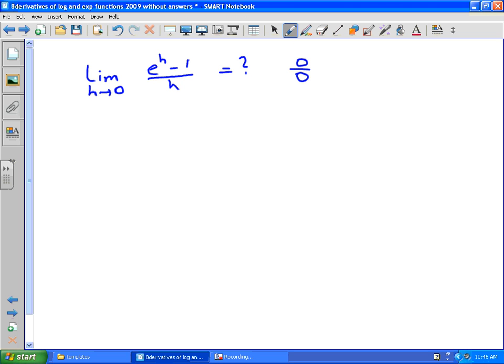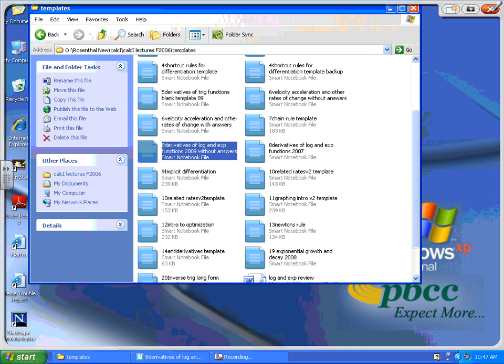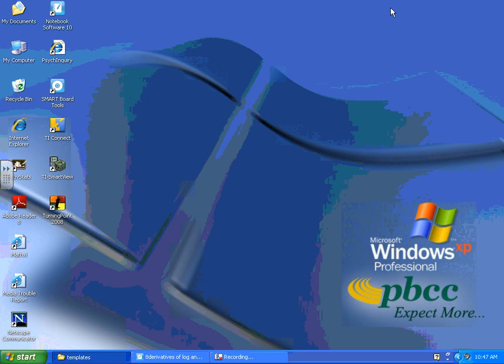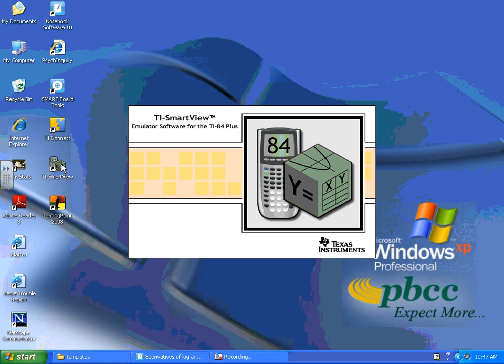After the x, close your parentheses, and close it again for the numerator. Then go to your table and look at what happens to this limit. Enter x equals 0.0001 or negative 0.001. Approach from both sides. Let's see what happens.